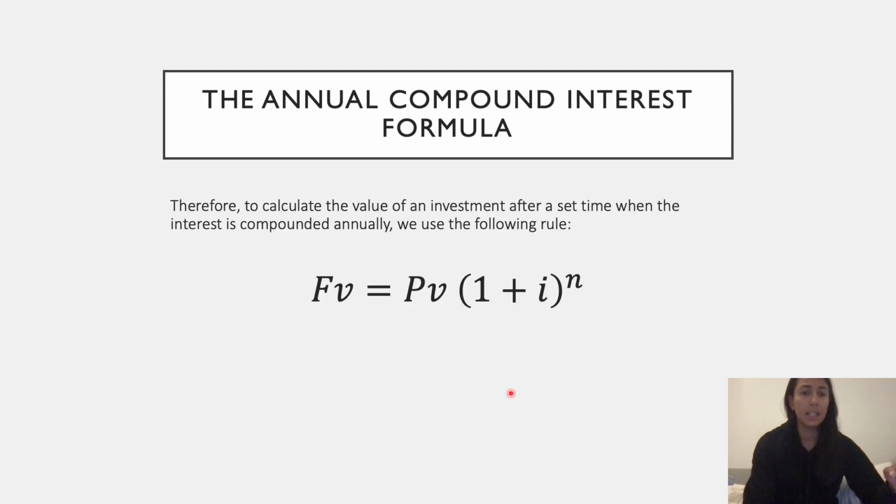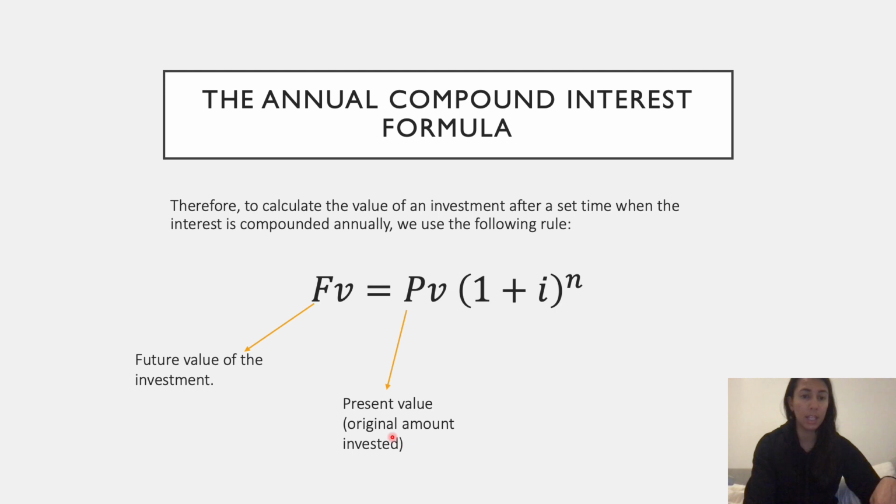So this here is our formula. FV stands for future value of the investment. So once you do this whole calculation, it'll tell you how much would be in that account. PV stands for your present value, or your original amount. So in that example I just showed you, that would be the 4,000.